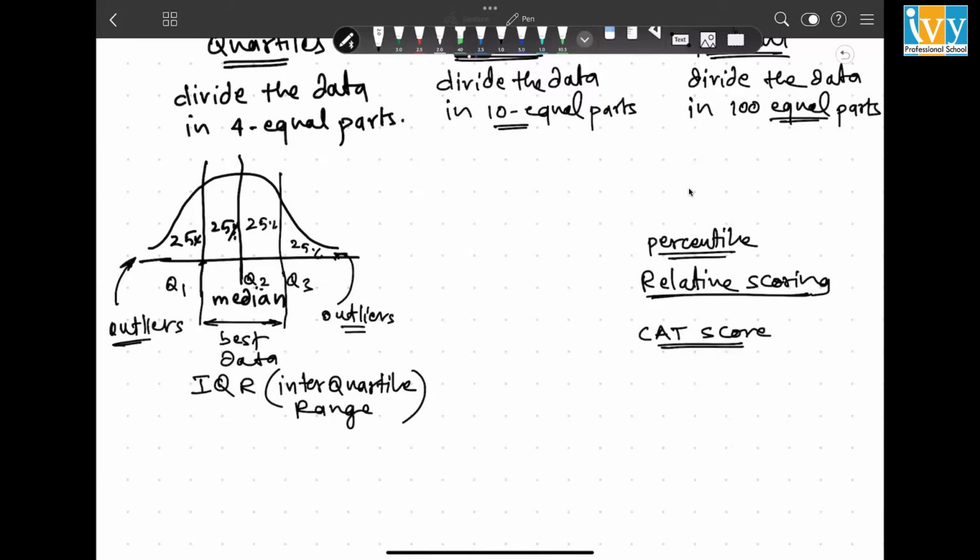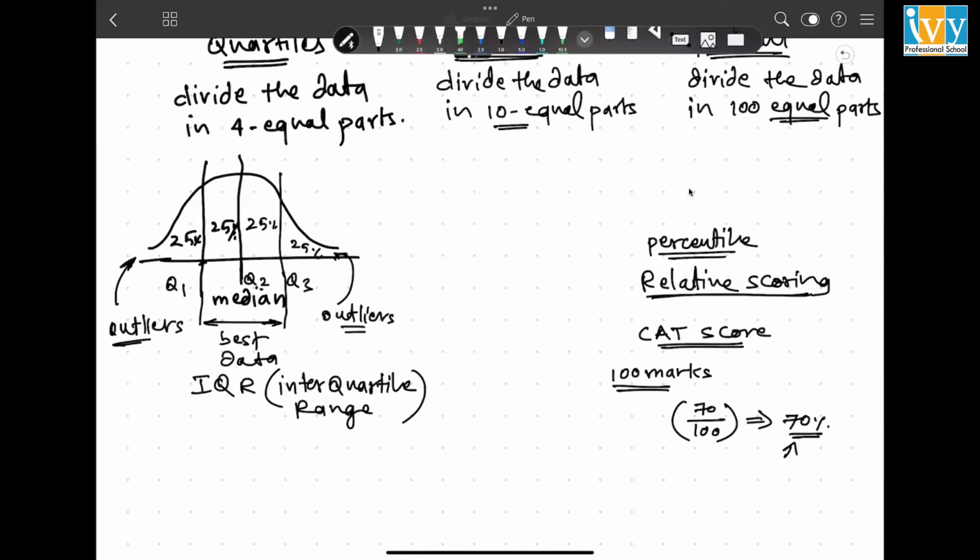So let's say the exam was of 100 marks and you scored say 70 out of 100. This means 70%. Simple enough. I divide the data into 100 parts and then check how many parts did I reach. So 70 parts I have reached, 70%.